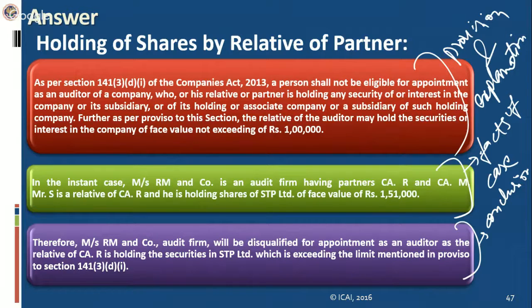However, as per the proviso to this section, the relative of the auditor may hold securities or interest in the company of face value not exceeding rupees 1 lakh.